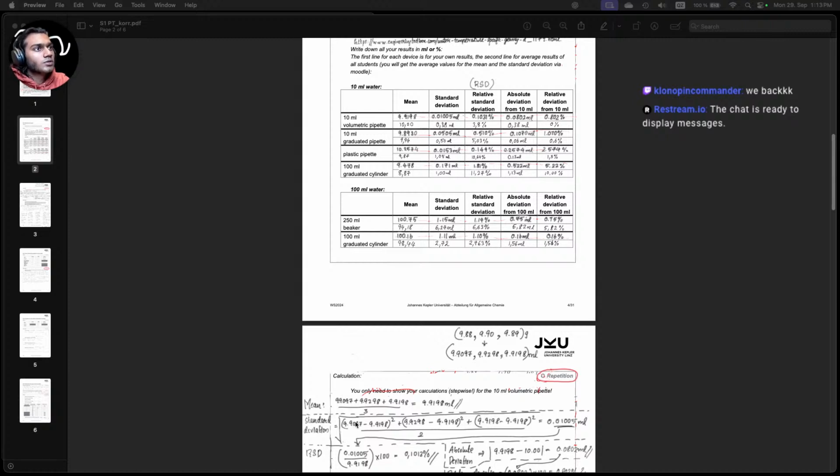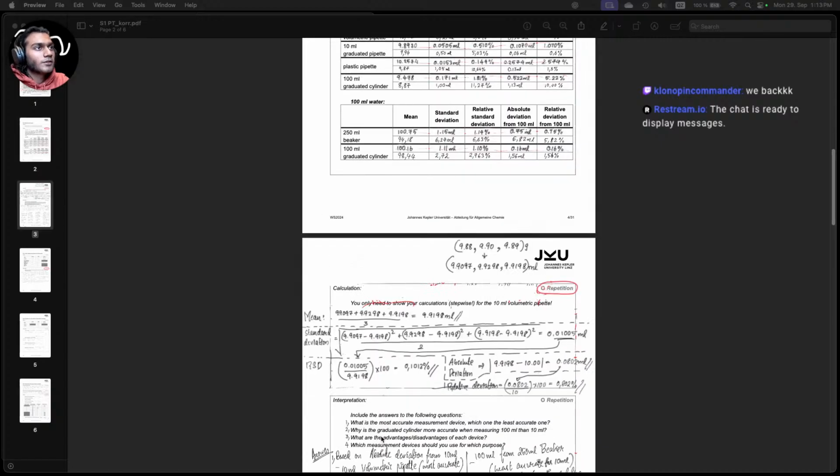Oh, lowest minus... Oh, no, mean. Okay. All the values minus the mean, squared. That's the standard deviation. Relative standard deviation is standard deviation by the mean into 100.